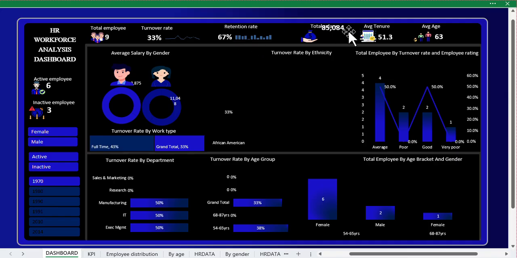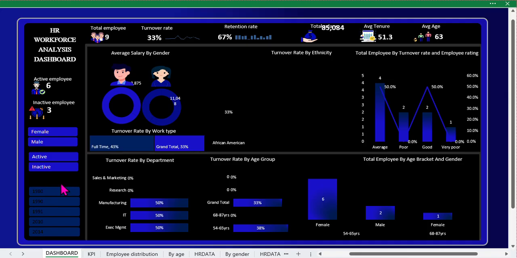Their total salary as of then was 85,000. Only six employees were active, and only three had left the company as of 1970.